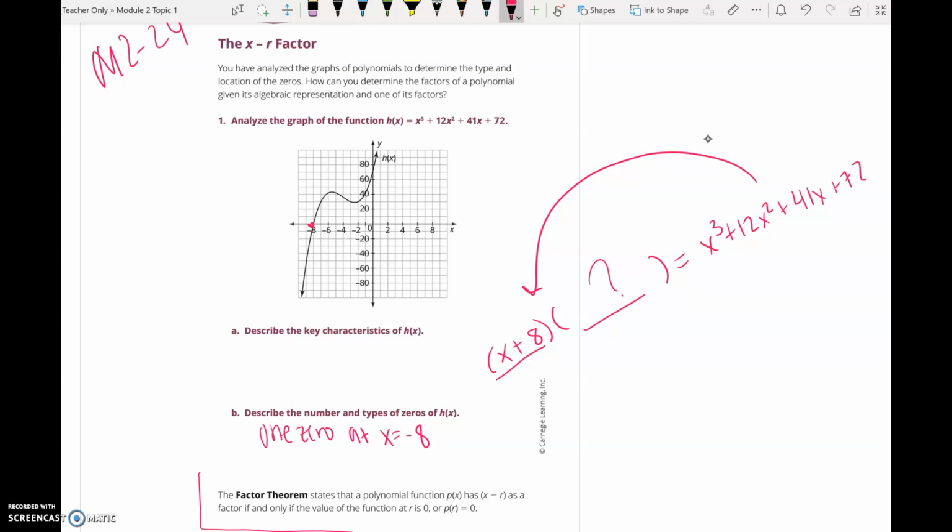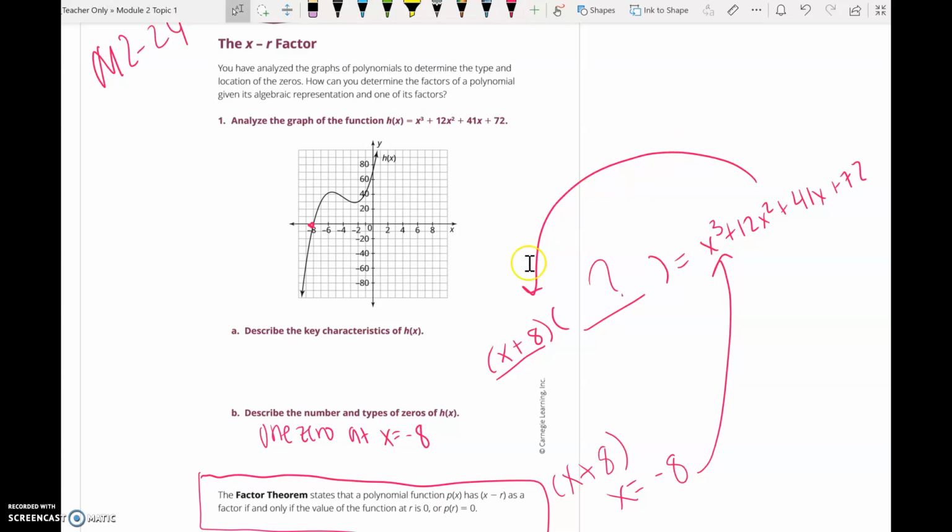This factor theorem is what we've already been using. We just haven't explicitly said it. If x plus 8 is a zero, right, and x equals -8, when I plug this into my function, I should get out 0 because it's called a zero.